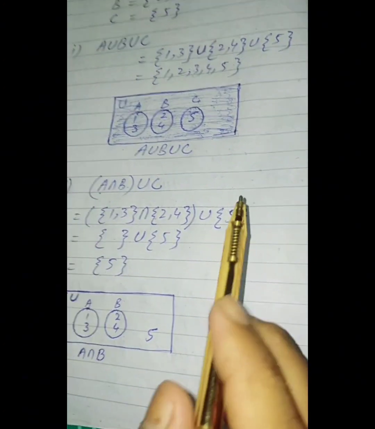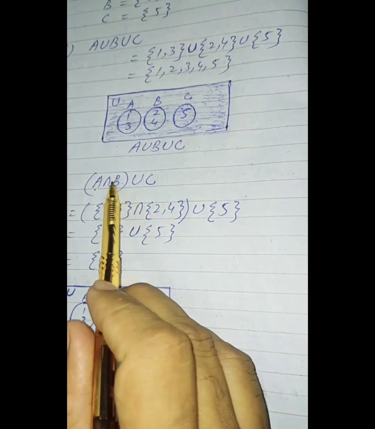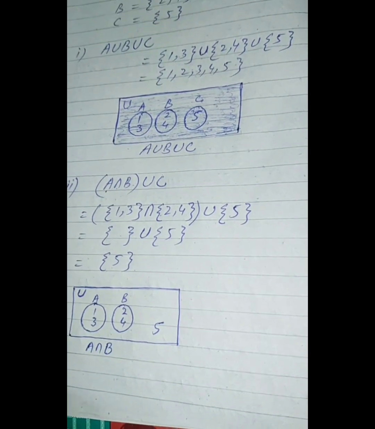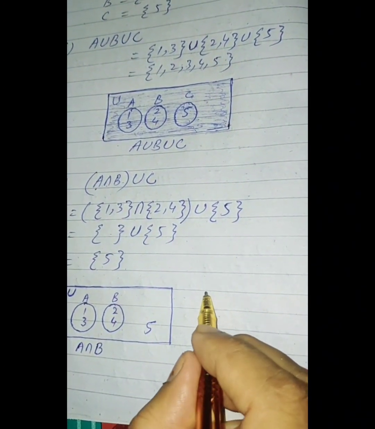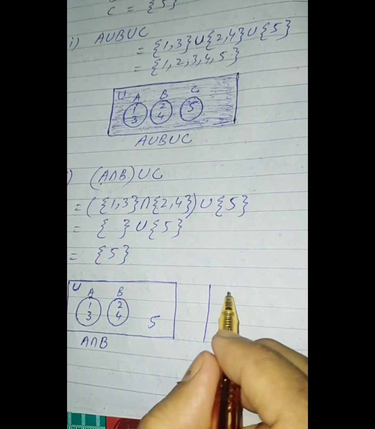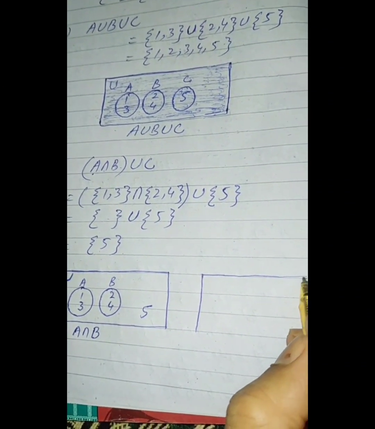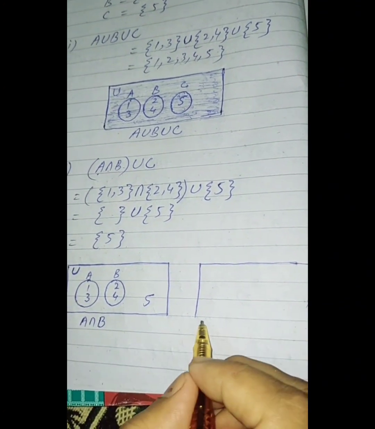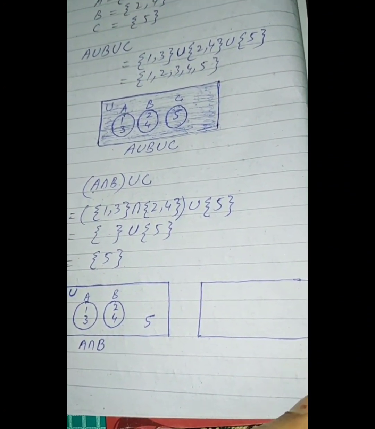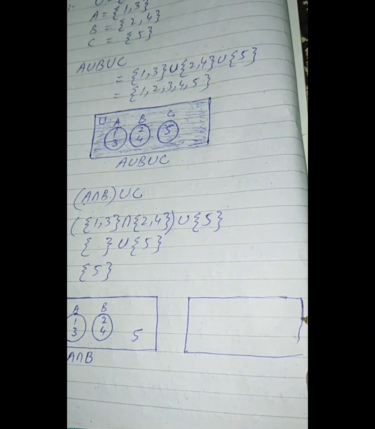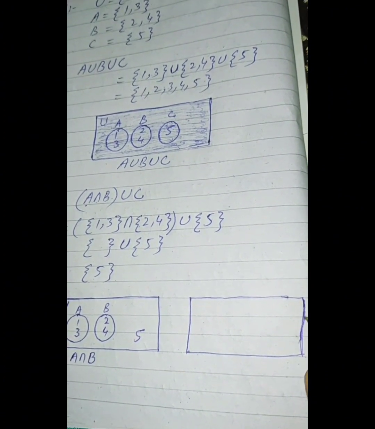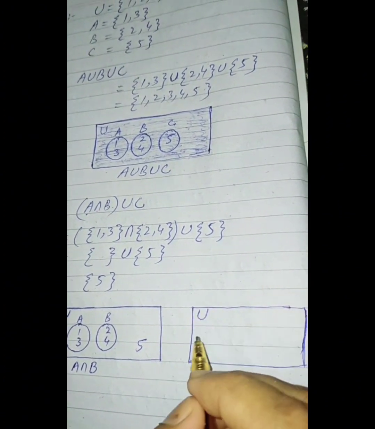Okay, now the second part is the union of the bracket with set C. Now we will draw a rectangle for the universal set.